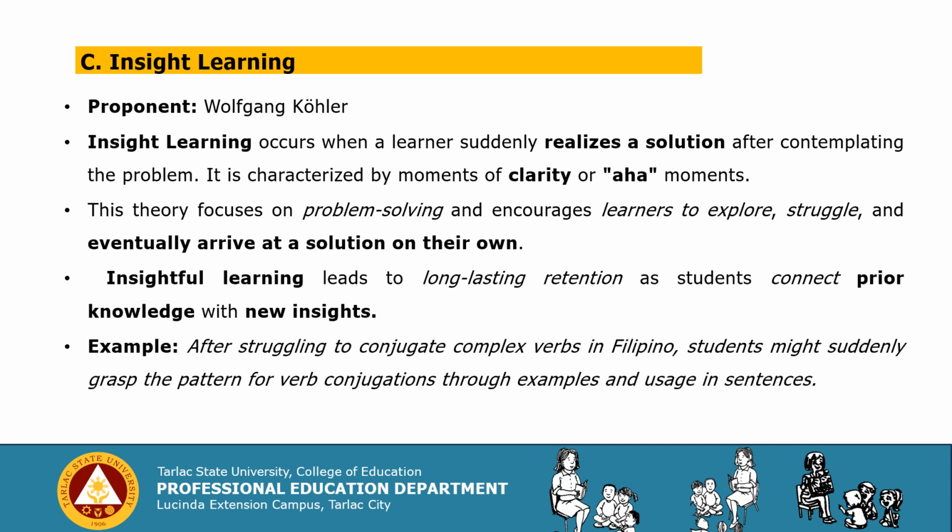Kohler's research, particularly his experiments with chimpanzees, demonstrated that insight learning happens when we connect prior knowledge with new observations. For students, this means that struggling and exploring different approaches can lead to a sudden realization or deepened understanding.